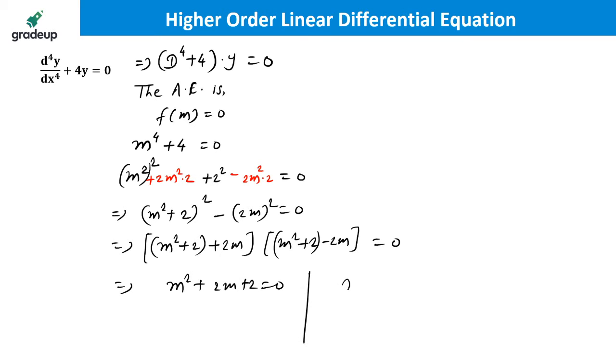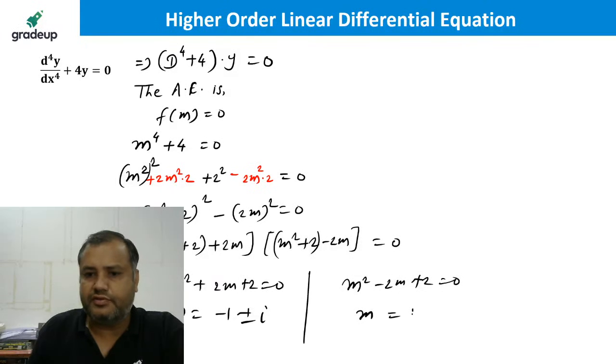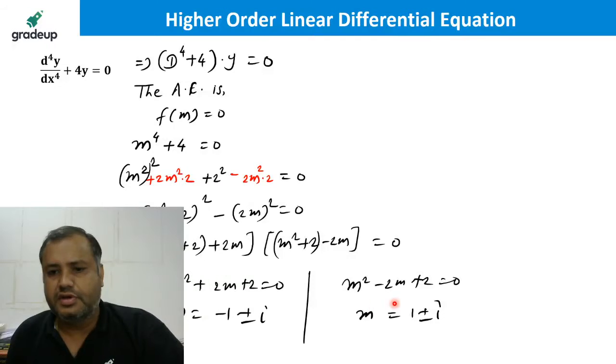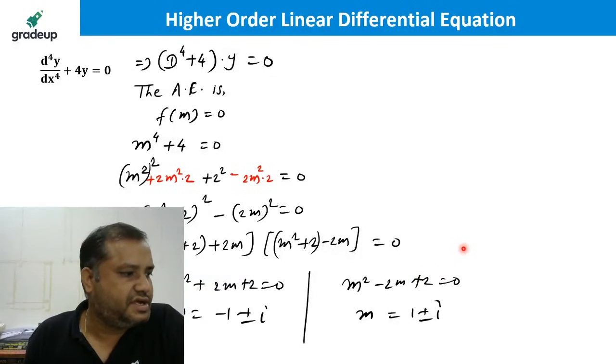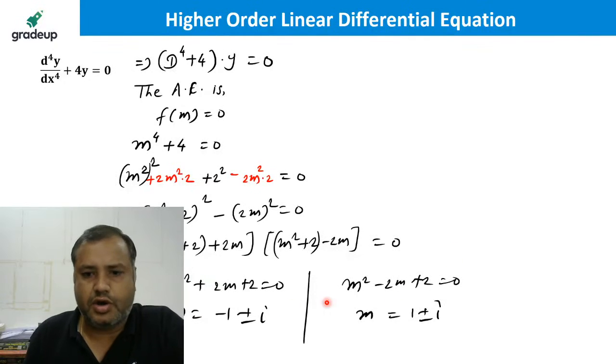This is one, this is another part. Then roots will be minus 1 plus minus i, and for here roots will be m equal to 1 plus minus i. So roots are complex, and you can say not repeated.